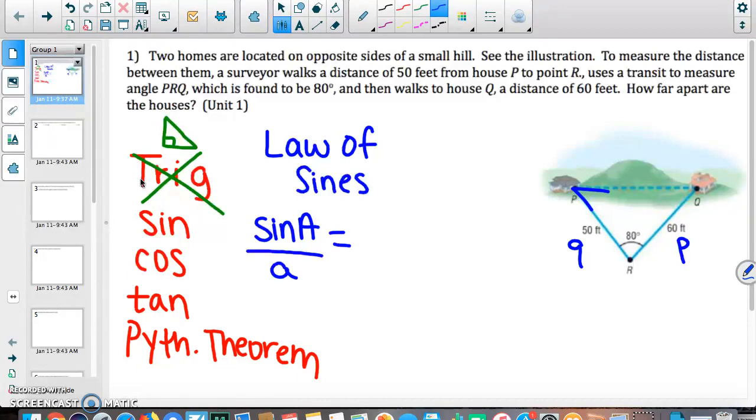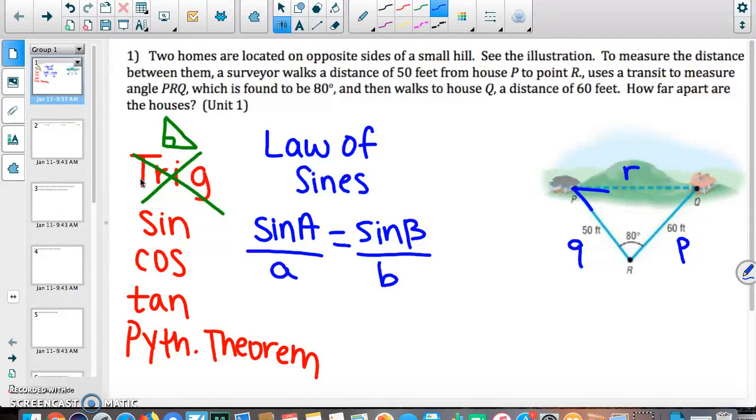And if this angle is R, then this would be side R. So you think about the sine of an angle divided by the side across from it should equal the sine of another angle in that triangle divided by the side across from it.